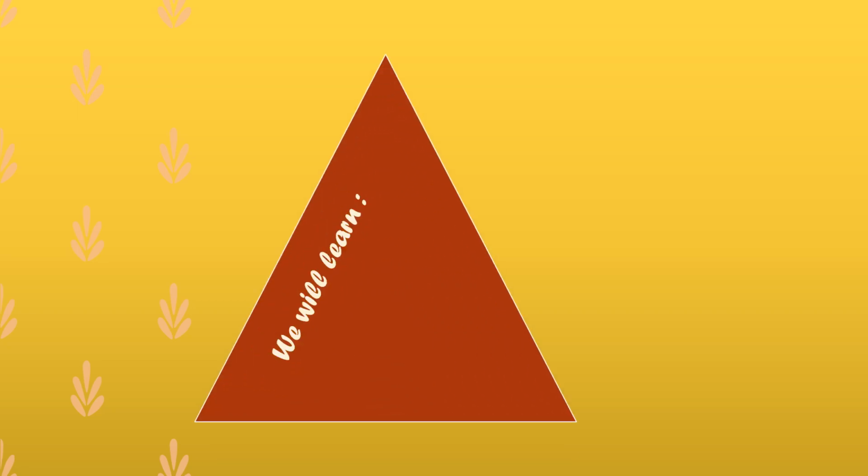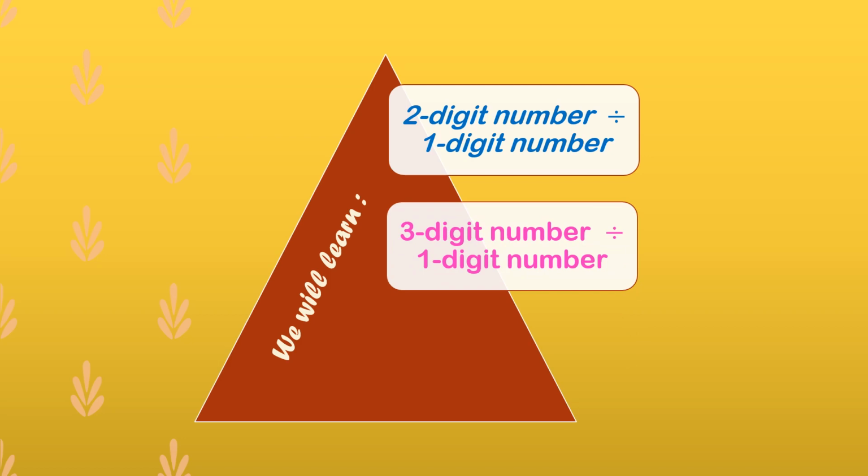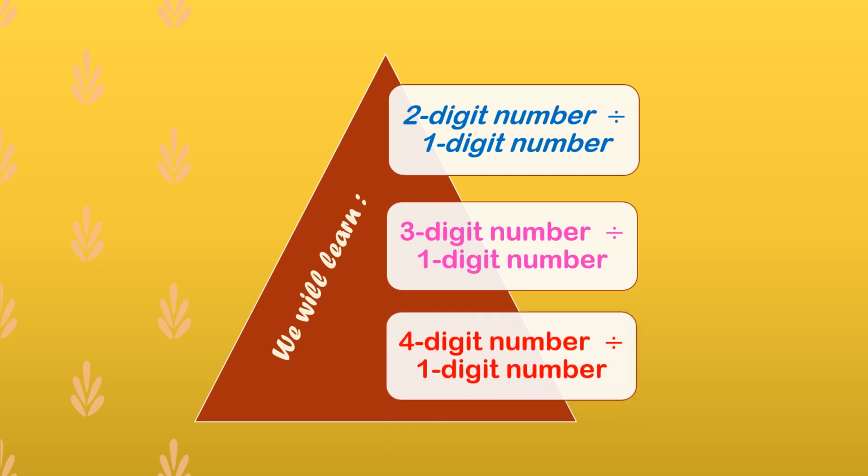Now children, in our upcoming slides, we will learn how to divide a 2-digit number by a 1-digit number. We will also learn how to divide a 3-digit number by a 1-digit number, and also how to divide a 4-digit number by a 1-digit number.